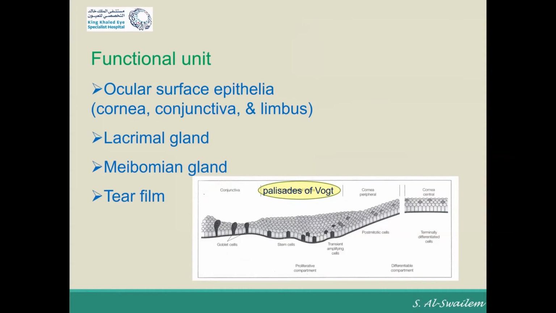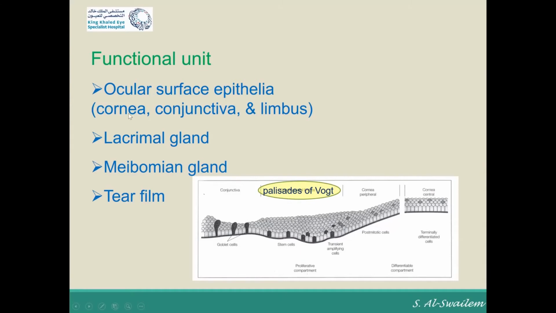And in order to have a healthy ocular surface, we need a good interaction between the ocular surface epithelium that has a good function, cornea, conjunctiva, limbus, and a good interaction with the lacrimal gland, meibomian gland, and tear film. And all of these are going to give us a healthy ocular surface, and this will also protect the eye from infection.